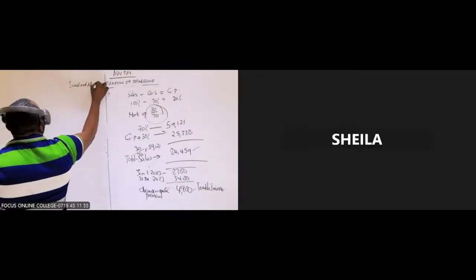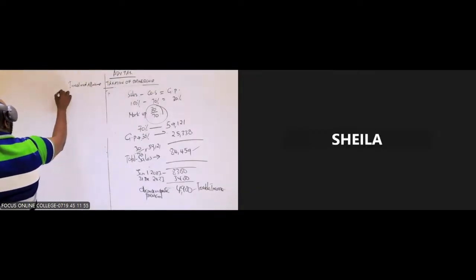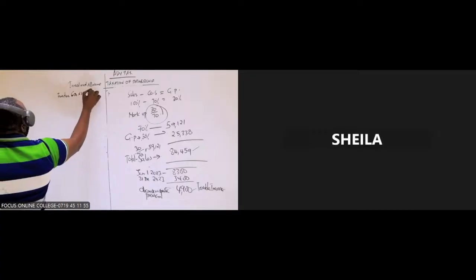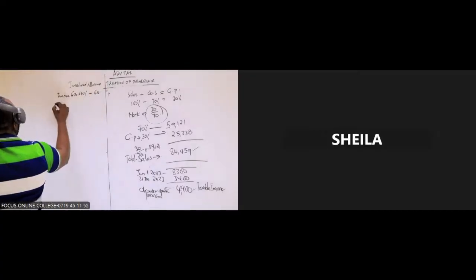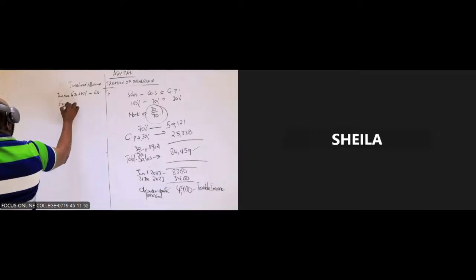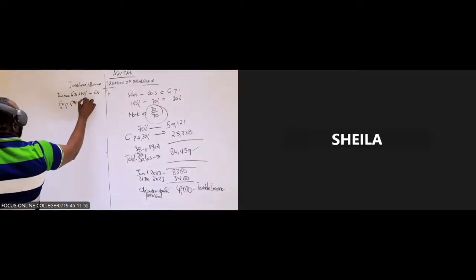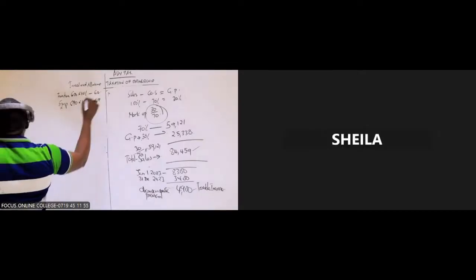I start with furniture. I just use the value at the beginning. Furniture was 600, times 10%, that is 60. Equipment was 670, times 10%, I'll get 67.